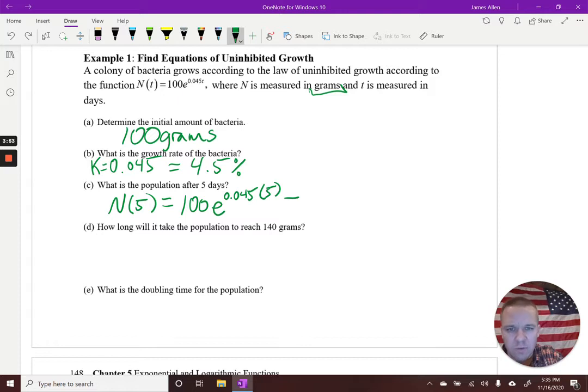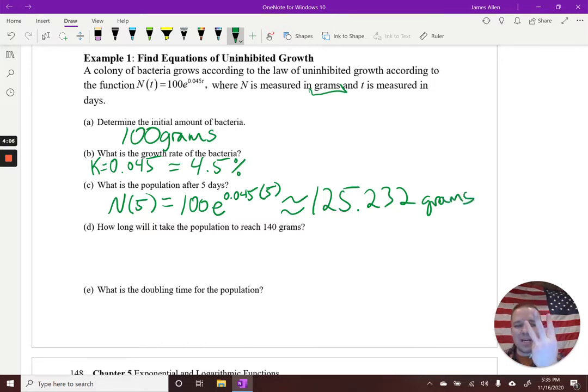It is approximately 125.232 grams. You'll see us use 3 decimal places frequently in these. But of course, we aren't rounding along the way because you only round once. We'll be storing numbers again, much like some of the other applications we did.